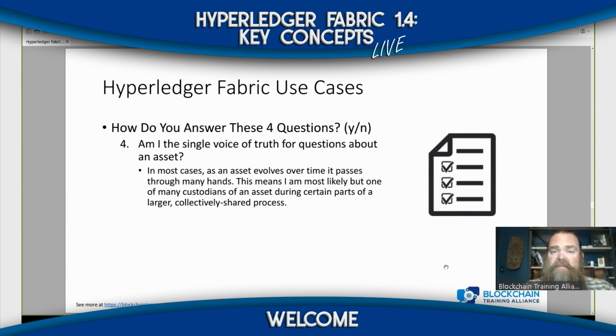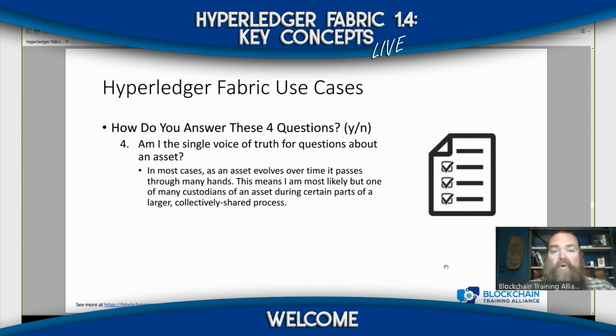The business process of getting those devices from Alice's factory to Bob's stores has many different custodians. Charlie, he ships all those goods from the factory to the stores. So Charlie is just a custodian in one part of that overall process.